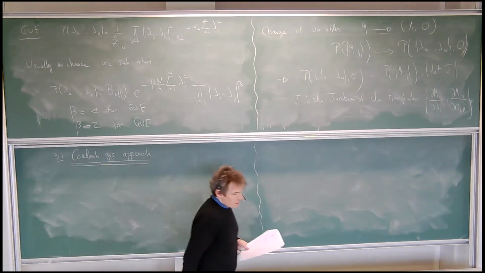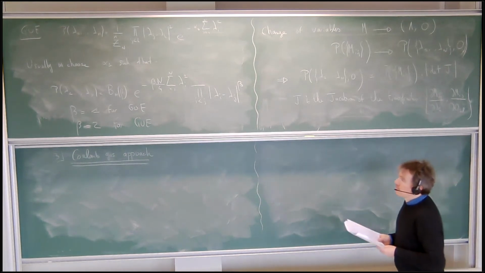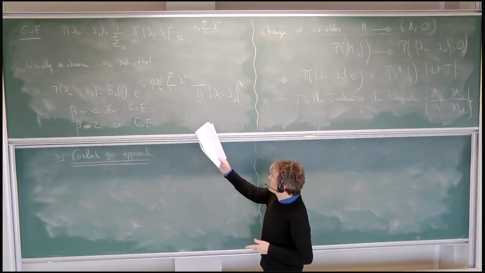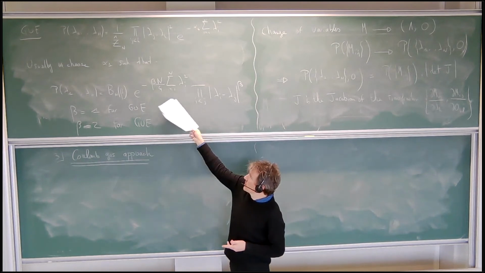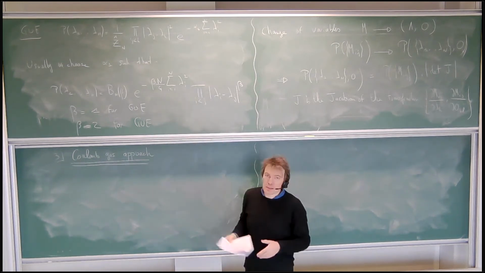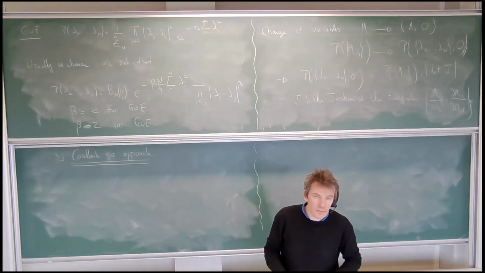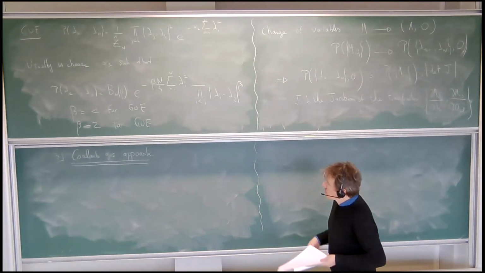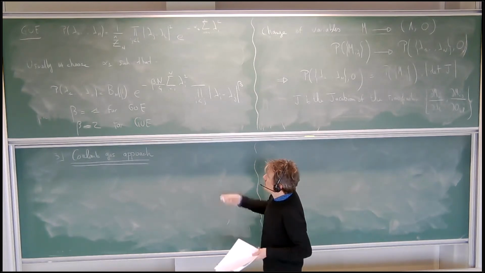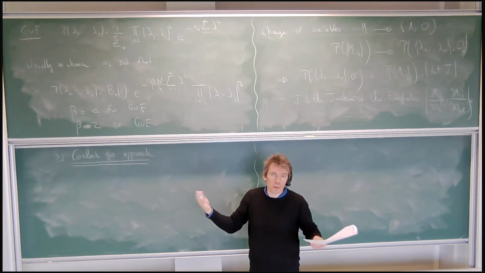Okay, so what's the idea? Well, the idea is that I want to interpret this expression here as a Boltzmann factor for some statistical physics model. And of course, if I want to do that, it has to be written as the exponential of minus some energy.